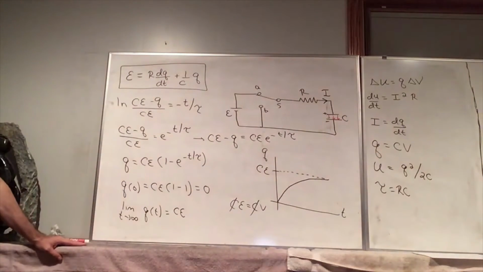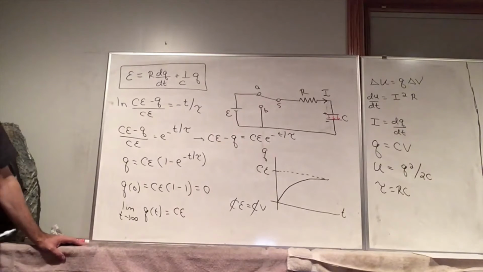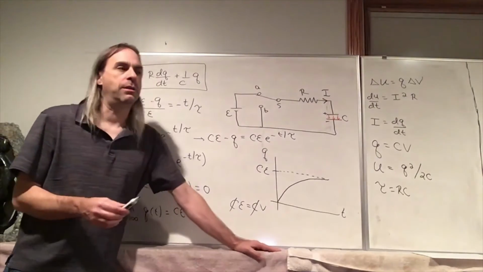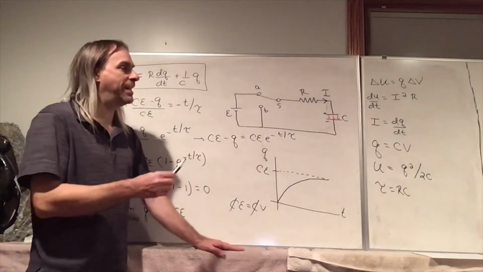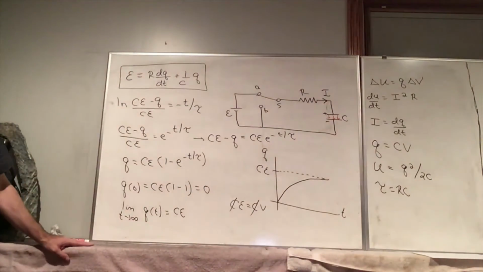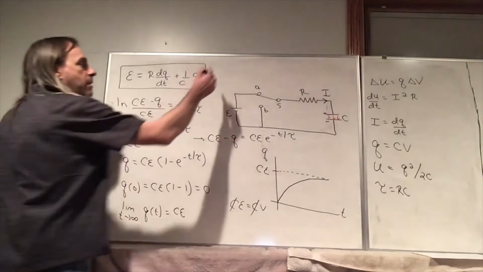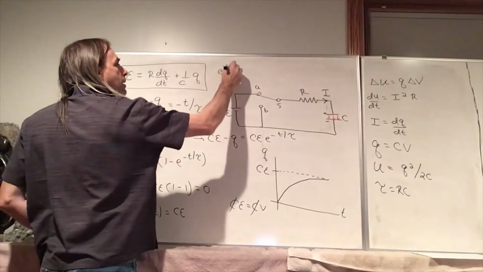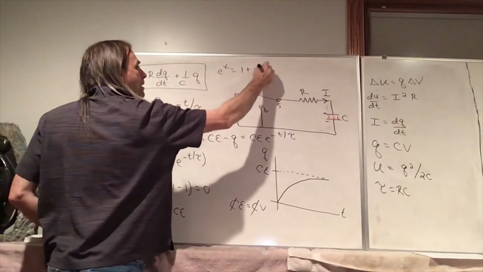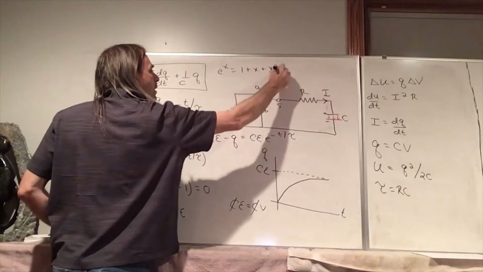So if you ever raise e to something like, say, e to the 1 meter, you might want to think about what you're doing. That's a problem. And I guess you haven't gotten there in math yet. If you have, just think of the Taylor series expansion of e to the x. You have e to the x is 1 plus x, and so on.